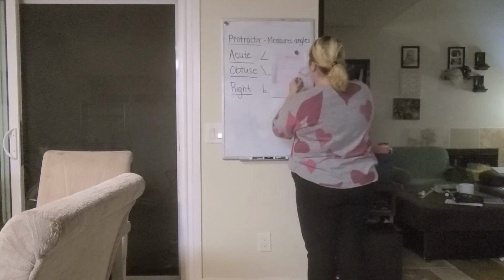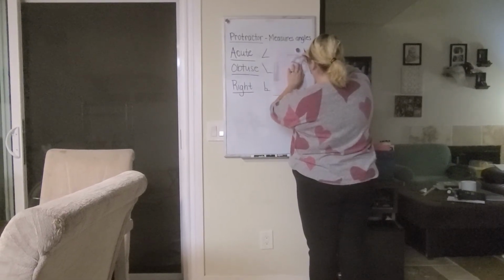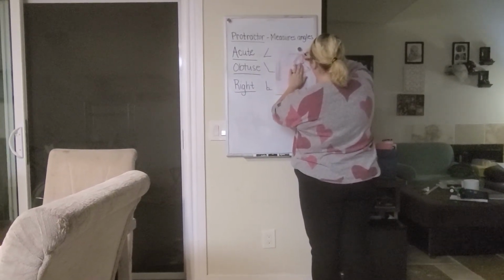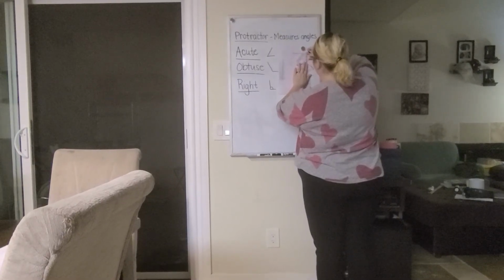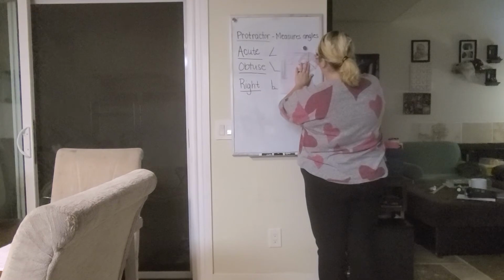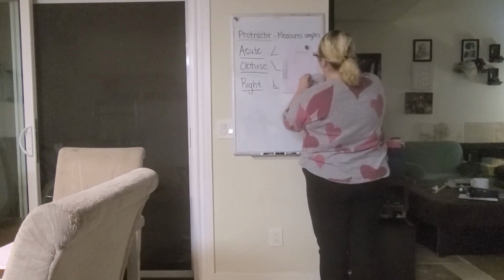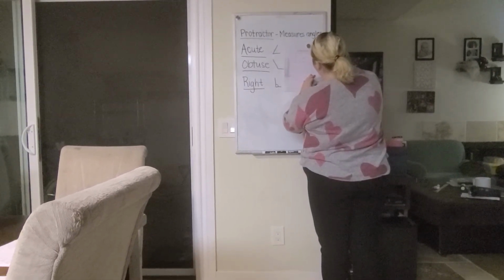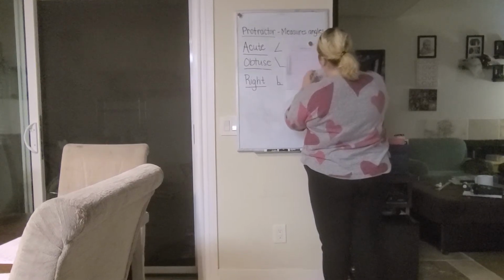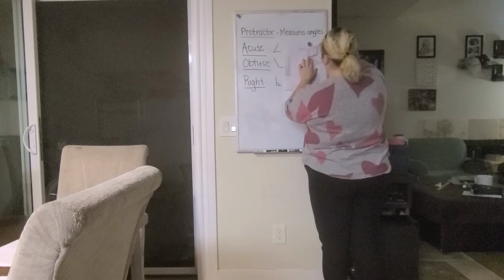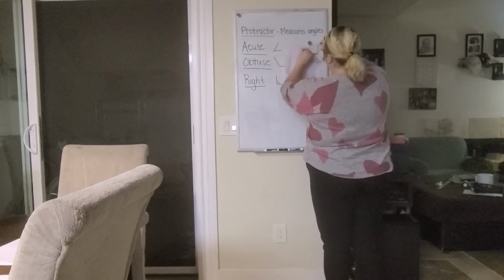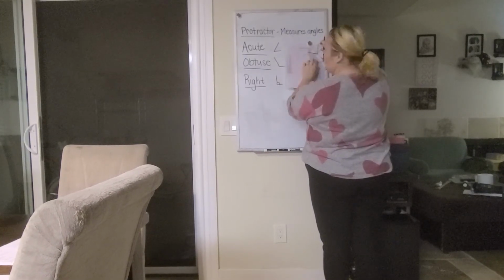Now we're going to do our third triangle. Measure the first angle. It is less than 90 degrees. Fantastic, scholars. Let's go ahead and do our second angle of our third triangle, excuse me.